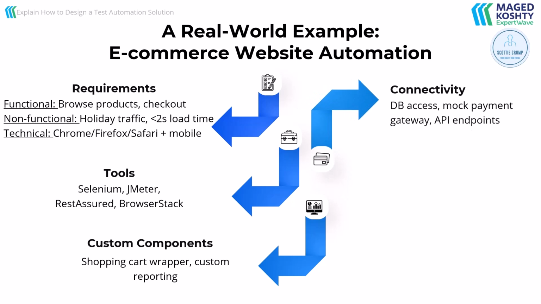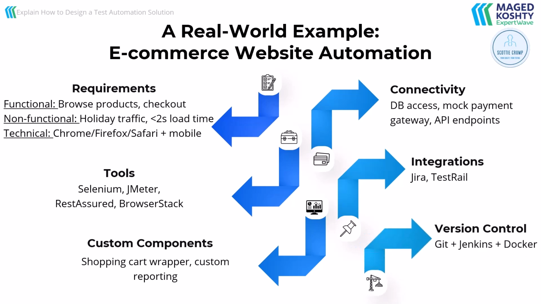Connectivity requirements. Database access to verify order placement. Mock payment gateway for checkout testing. API endpoints for product catalog testing. Tool integration. Connect with Jira for defect management. Integrate with TestRail for test case management.